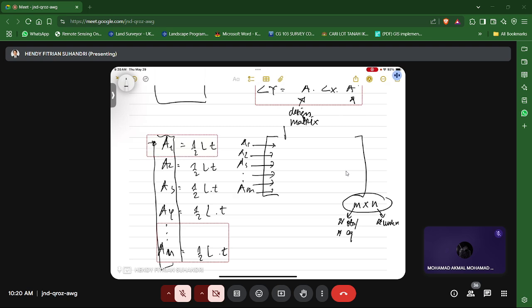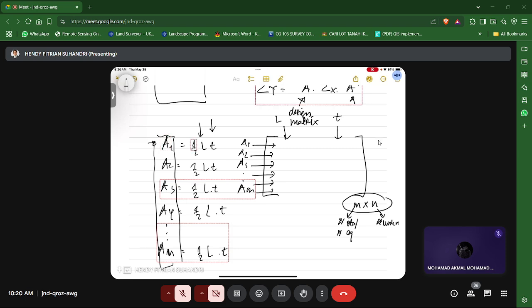While the number of columns depends on the number of independent variables or unknowns. Here, in this case, we have two unknowns, two independent variables called L and T.